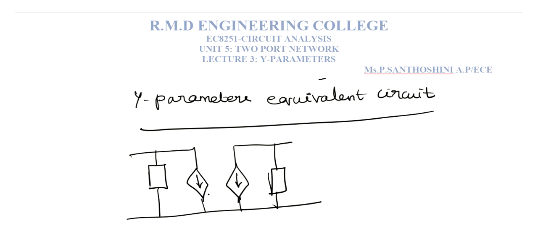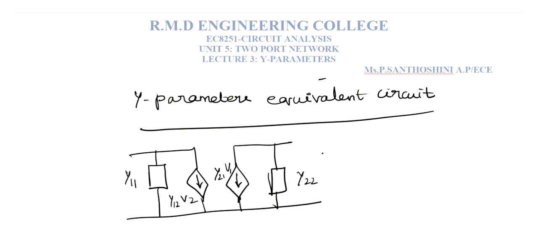So each and every parameter has a structure. For y parameter you have current sources, so obviously for z parameter you have voltage sources. Here you mention the y11 value, and here y12 along with V2, and here y21 followed by V1, and here y22.